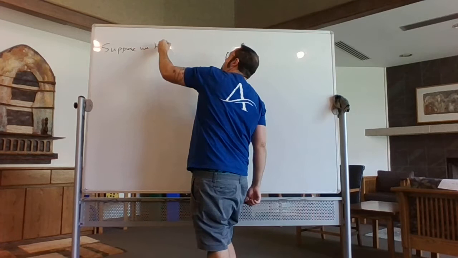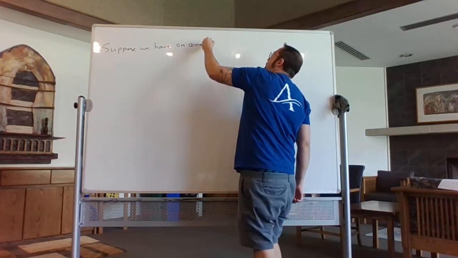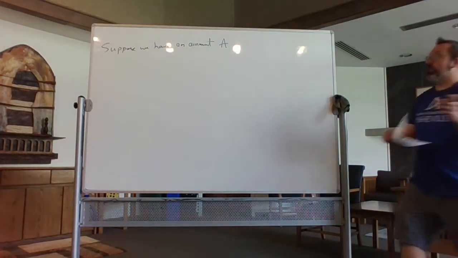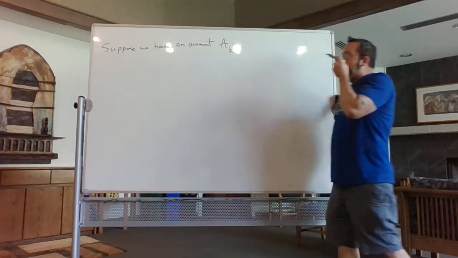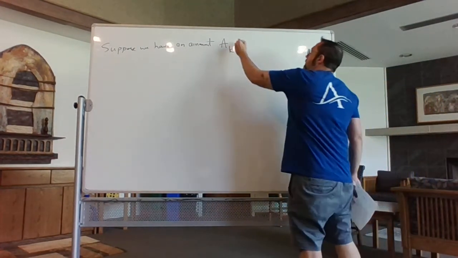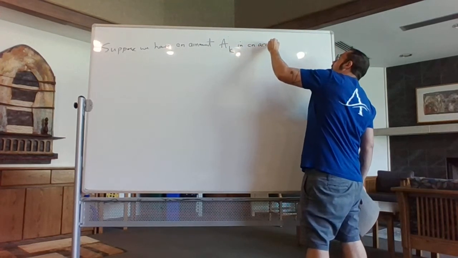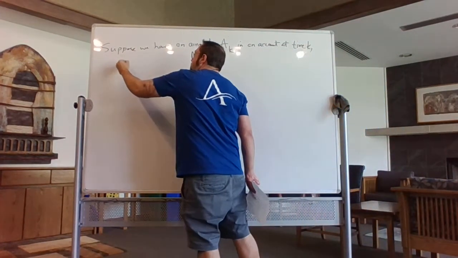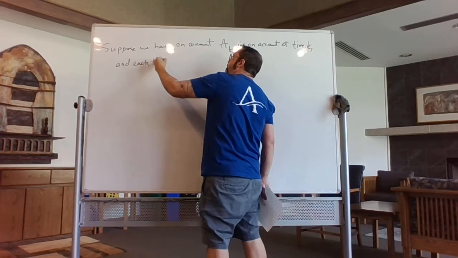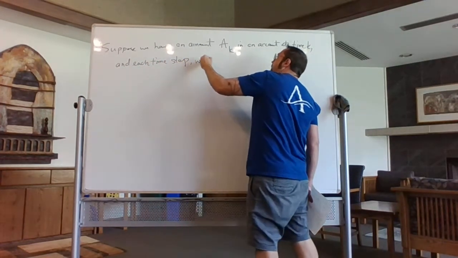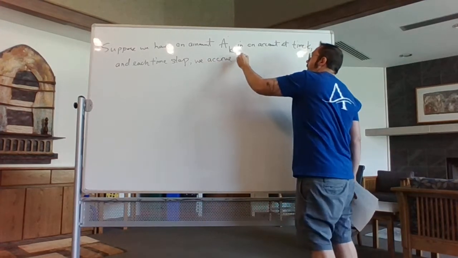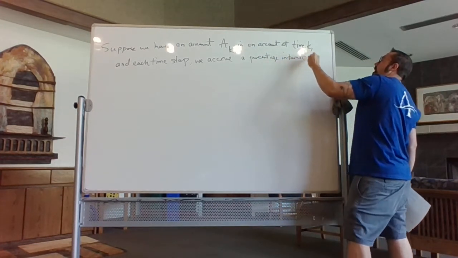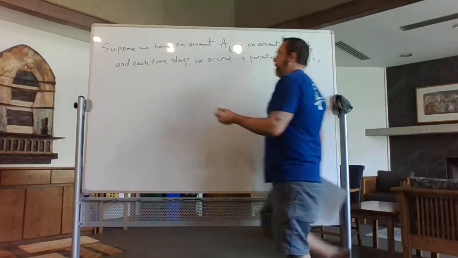Suppose we have an amount, A sub k, an amount in an account at time k, and each time step we accrue a percentage interest I of this amount.